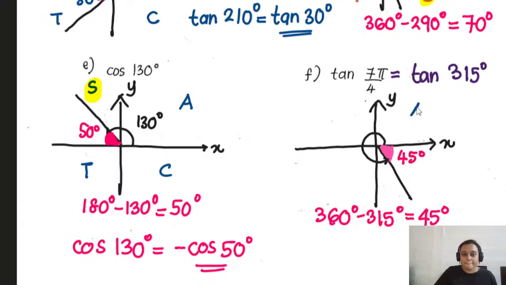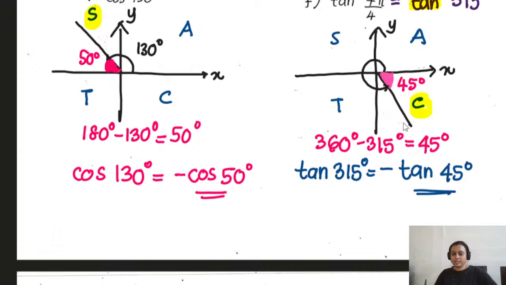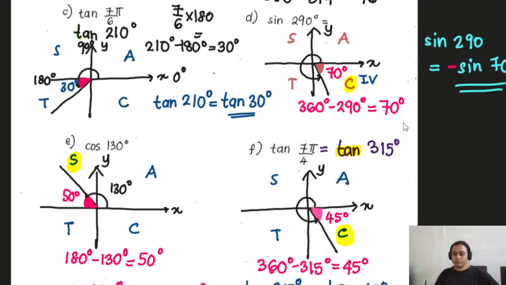Okay, in this part only cos is positive, right? But our question is tangent. So tangent 315 equals negative tangent 45. So you double check in your calculator. You should get the same value.